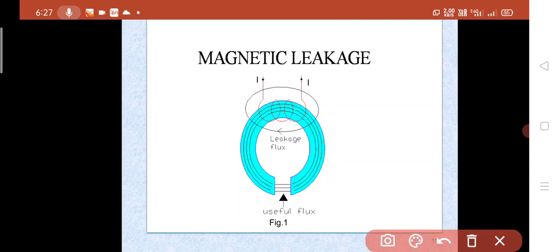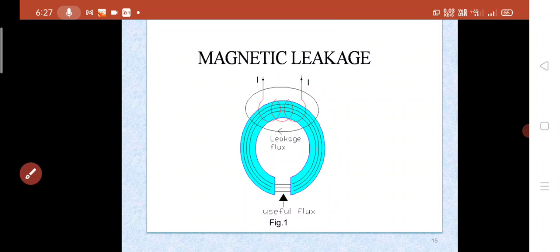So this is the concept of magnetic leakage. The flux in the air gap is used to produce the required effect.